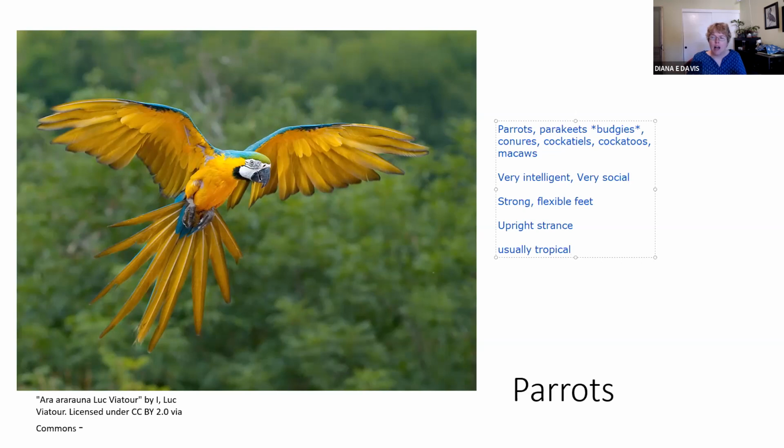Because a lot of birds, they're noisy, they're messy, they're very, very challenging compared to dogs or cats, especially the parrots and the cockatoos and the macaws, the big birds.